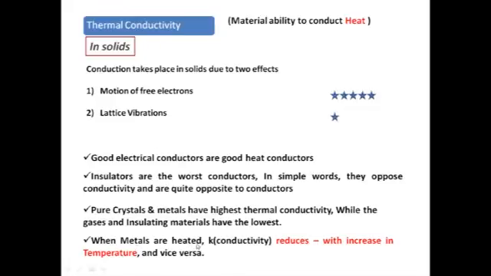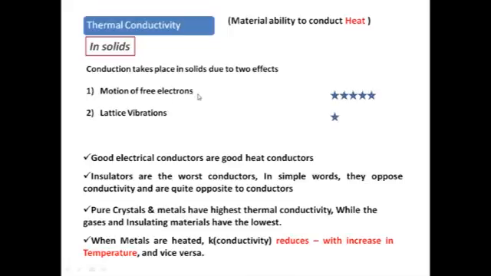So when you heat a metal, the number of free electrons remains the same, but at the same time the lattice vibrations increase. With increase in lattice vibration, slightly the conductivity may increase, but the increased lattice vibration impedes the motion of free electrons.